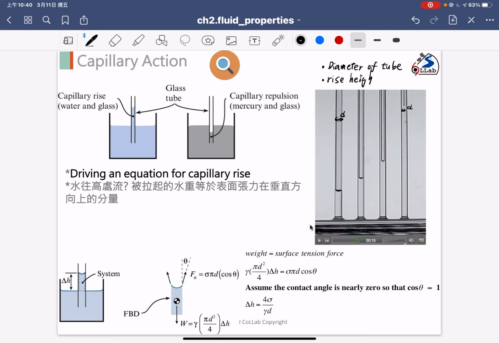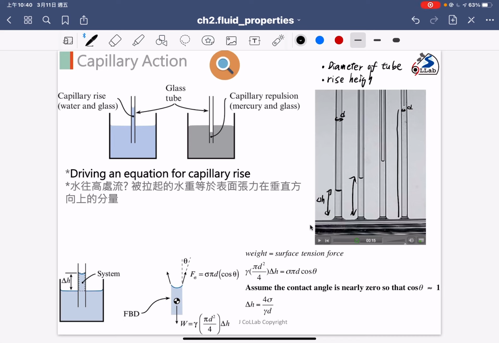We use delta H as the total difference, and here is a higher one. So that means the different diameter of the tube will control the different rising height of the liquid. We would like to prove this phenomenon.